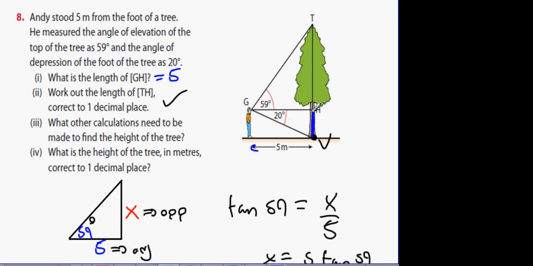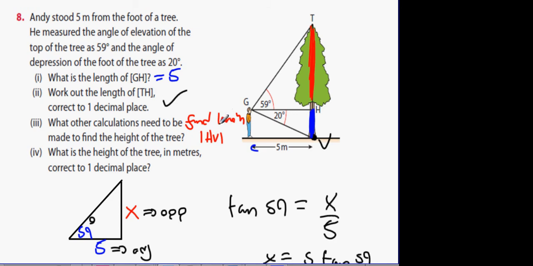This part here. Everybody see it? That part there is what we have to find. And when we find that, we can add it on to TH, and we can find the length of the full tree. So we say find length HV. What is the length HV, guys?